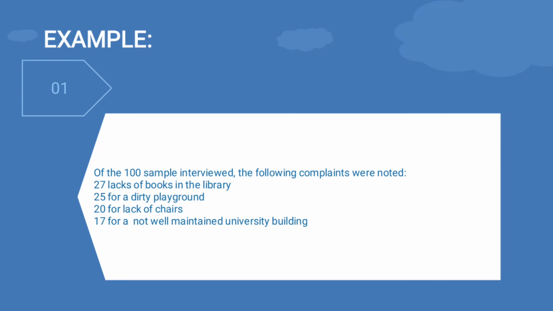So the data that you gathered from your interview, you have these digits, the 27, the 25, the 20, and the 17. That is an example of a textual presentation, and it is written in a paragraph or narrative form.